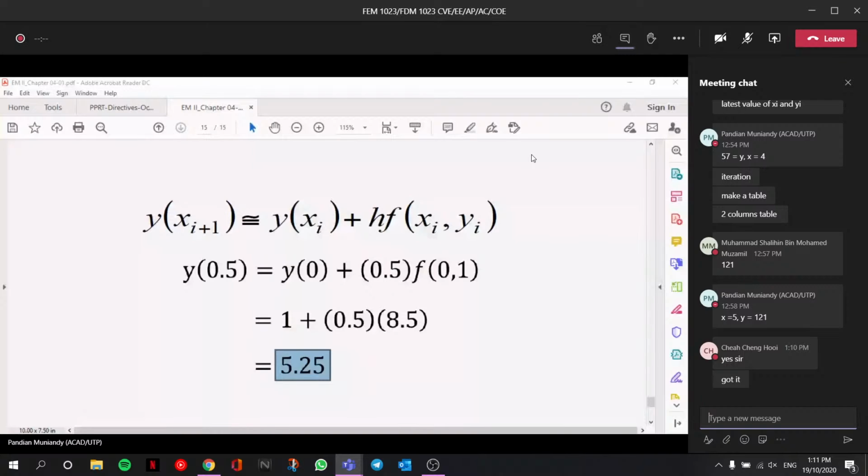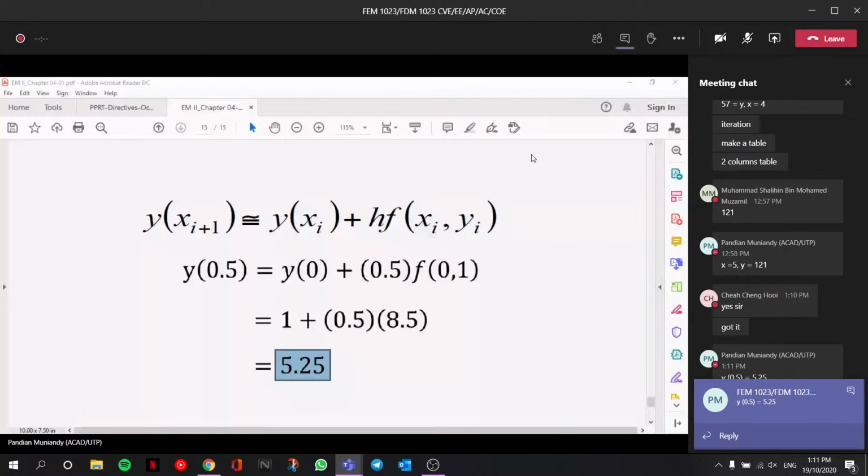So your y at x 0.5 is equivalent to 5.25. So we stick to our 2 decimal places, 5.25. Okay, so we already got that, right?